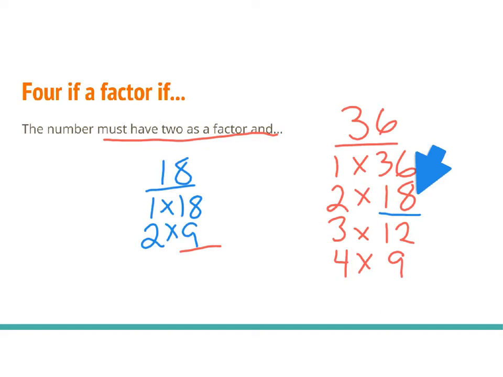So when I see an odd number there, I know that 4 cannot be a factor of that number. So it first of all has to have 2 as a factor, and the number paired with the 2 has to be even. So the number paired with 2 has got to be an even number. That's how you can tell for sure if 4 is a factor or not.